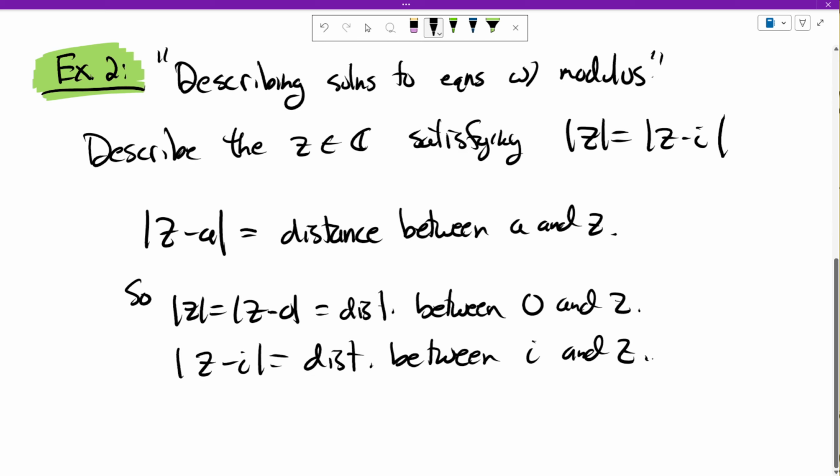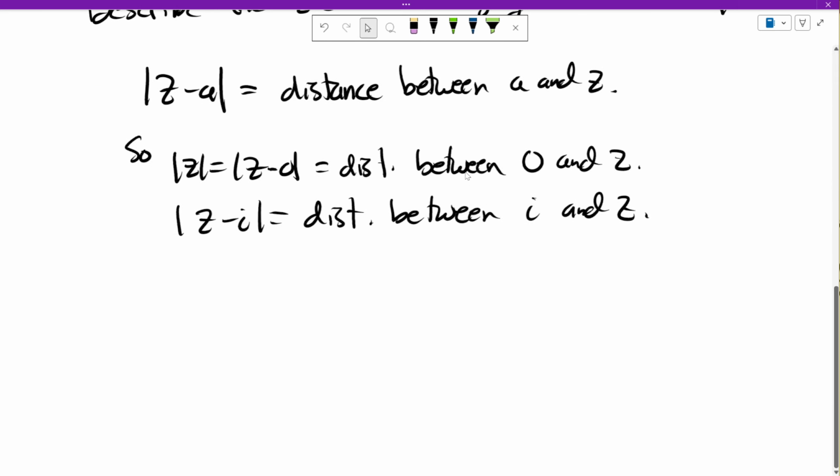So in other words, we're looking for the z's that have the same distance to 0 and i. If you were to pick a z and compute its distance to 0 and the distance to i, you would get the same number. So let's try to draw a picture, and then we'll go into the algebraic computation.